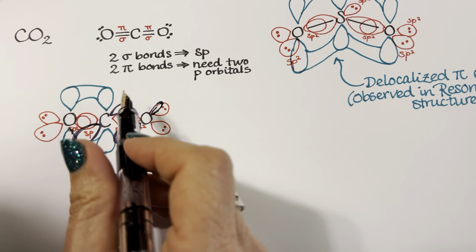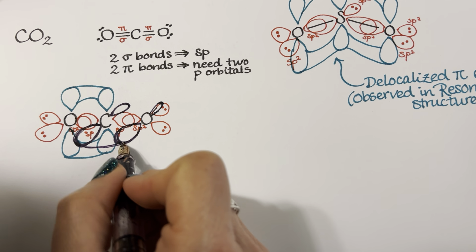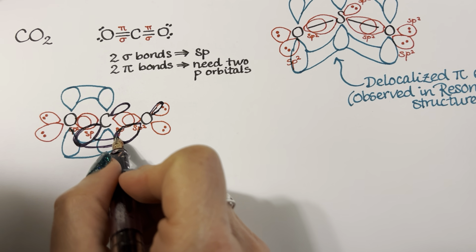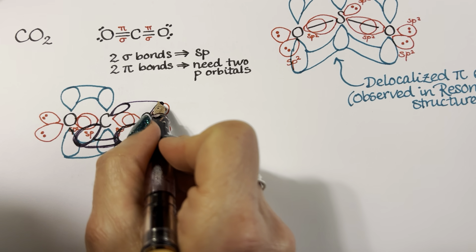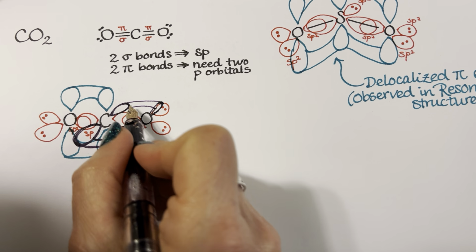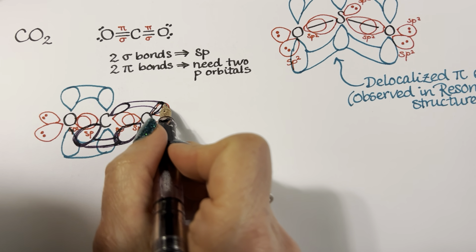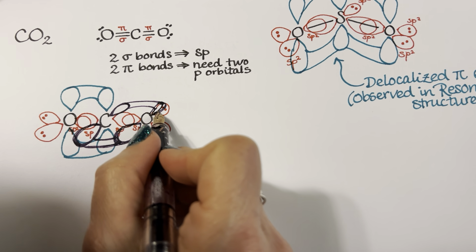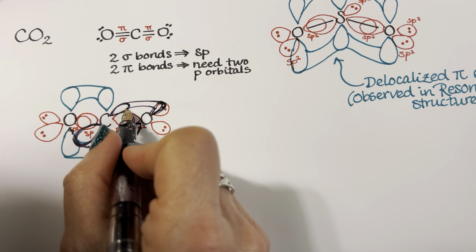Okay. So now these two are going to overlap, so electrons can be shared in this plane, and then these back here are going to be overlapped. They're back behind the paper. I'll draw like that. This is really challenging.